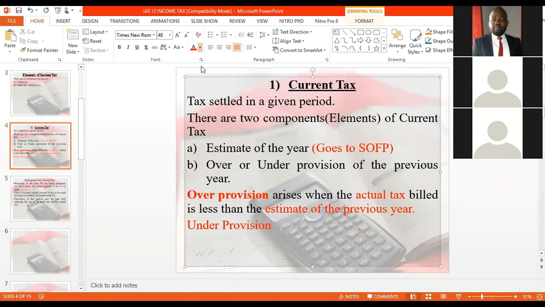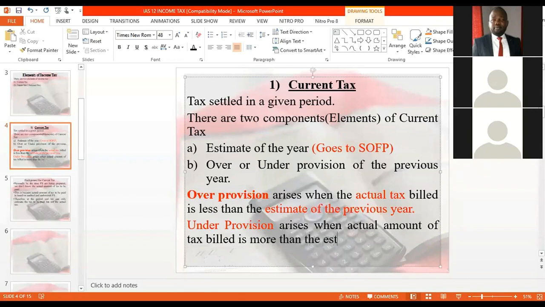Under provision arises when actual amount of tax billed is more than the estimate of the previous year. I want that in the next 10 minutes, everybody will be comfortable in calculating current tax, which is the most common part of tax.